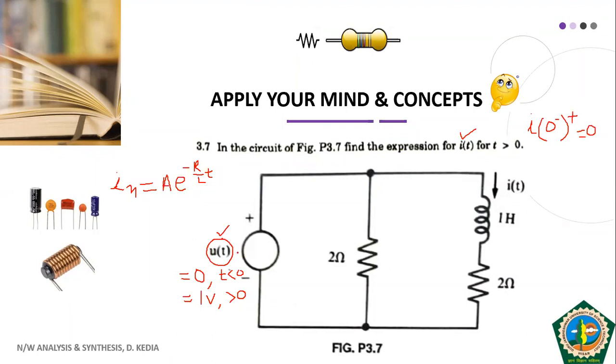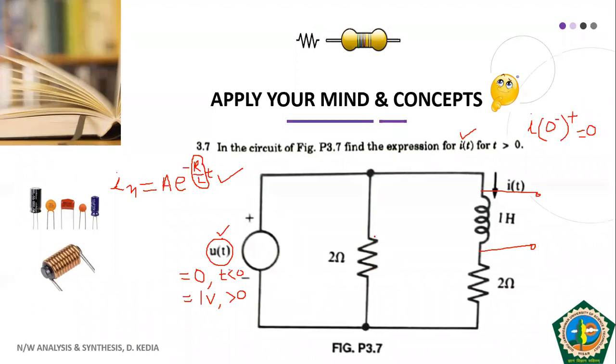Now once the voltage source has been applied, then this natural response will come into picture, and we need to determine the value of R by L. As I told you, this R is the equivalent resistance that we obtain across the inductor. So if you look at this, across the inductor, the voltage source has to be short circuited.